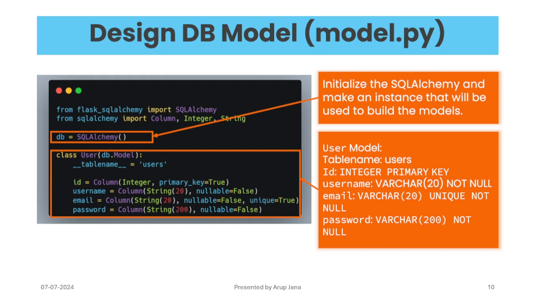The next column is email, which is again a string of 20 length. It should not be null, and it should be unique. We all know email should be unique. The last one is the password. I made the password a little bit longer, which is 200. You will see why I made it such. And another thing is I am also making it not null. So this is the DB model that I am using, which is users.